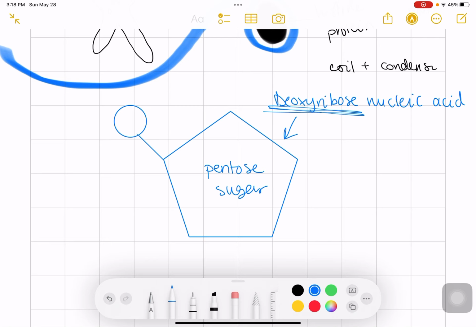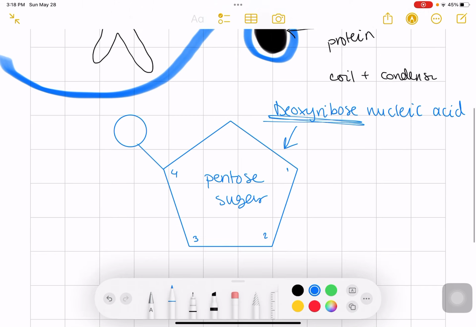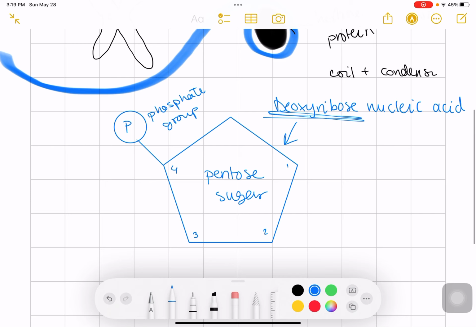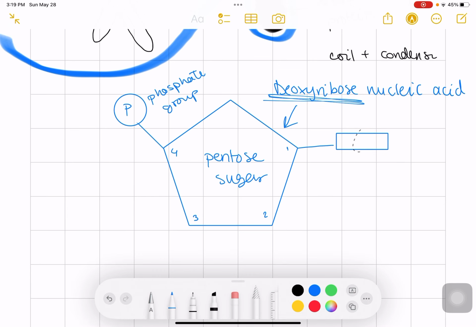And off to the side here, on the 1, 2, 3, 4th carbon, we have a P, which is the phosphate group. And off to here with the first carbon, let's connect that here, we have a nitrogenous base. We'll get into that a little later.